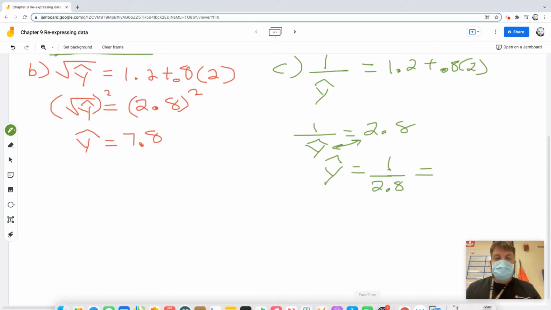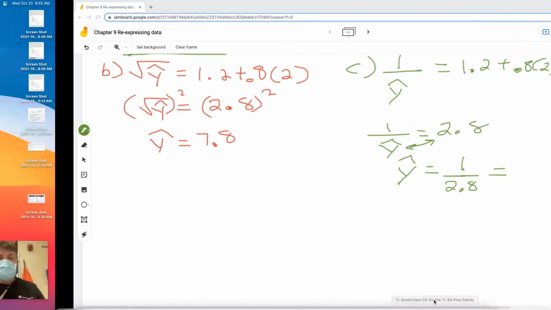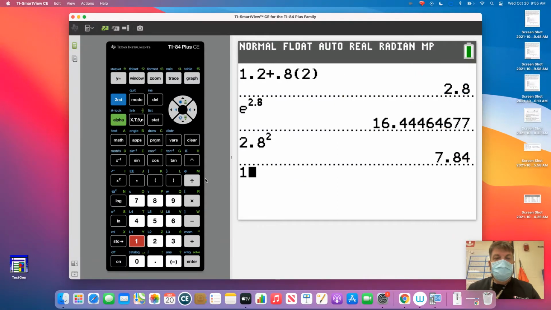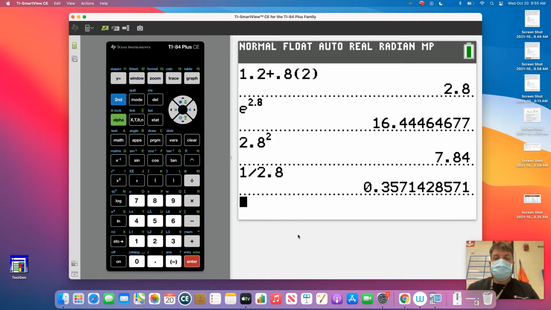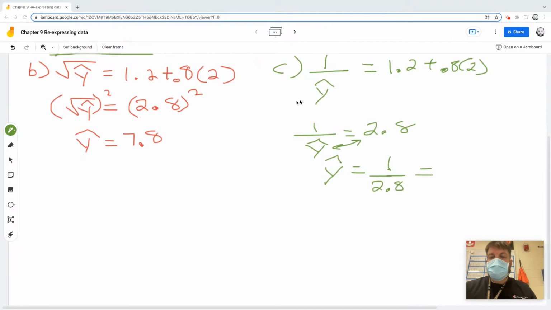And then let's plug that in the calculator. 1 divided by 2.8. Whoa, that's a completely different answer. So this is going to be 0.36. Okay.